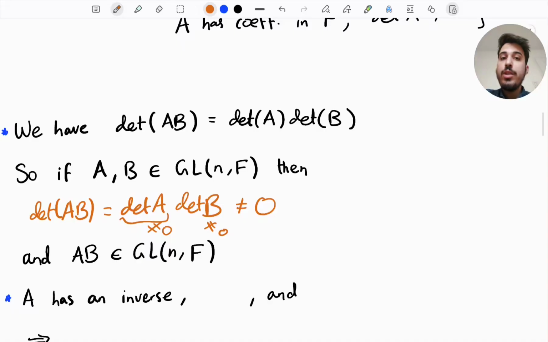So we need to prove that every element A has an inverse for it to be a group.